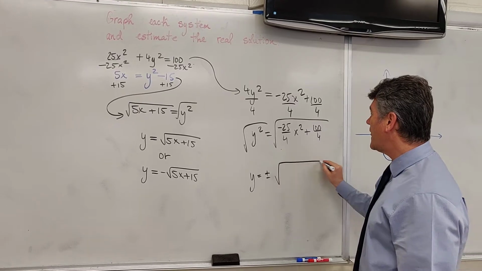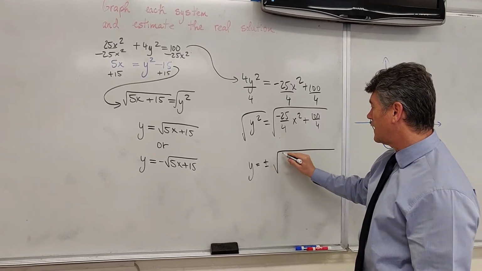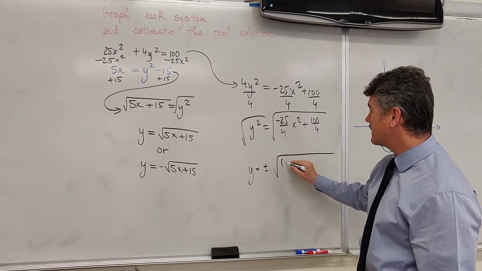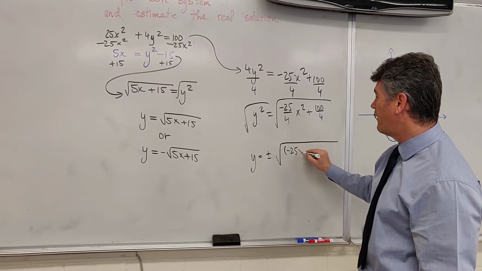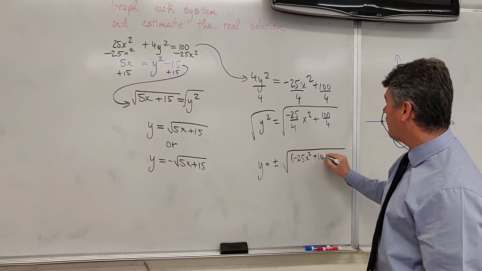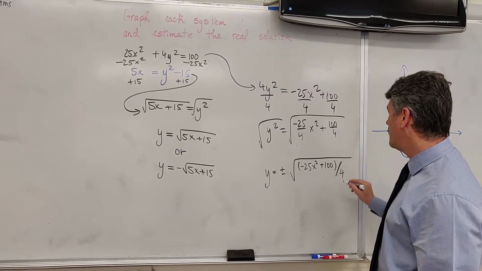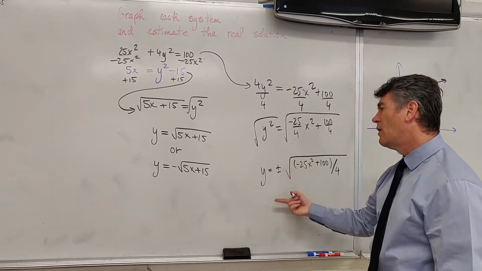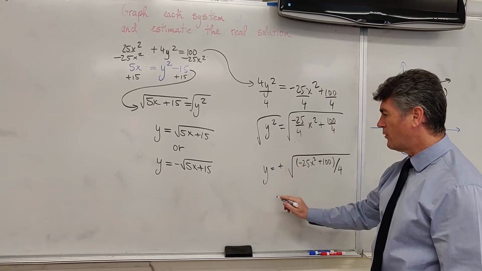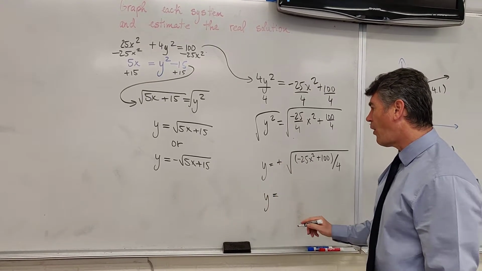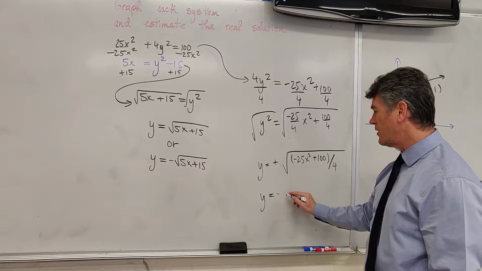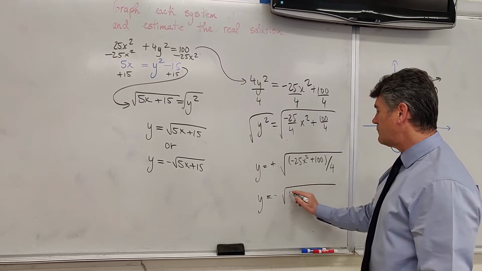And this is how I'm going to enter it into my calculator. Parentheses, negative 25x squared plus 100, close parentheses, divided by 4. So we're going to have y is equal to that, to the positive square root, and then the opposite of the same square root.